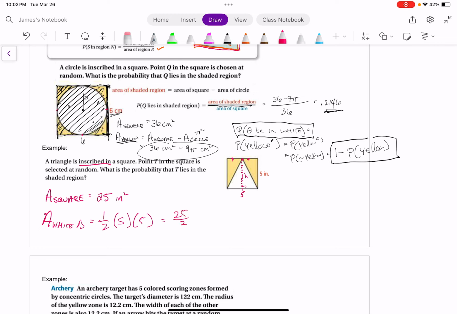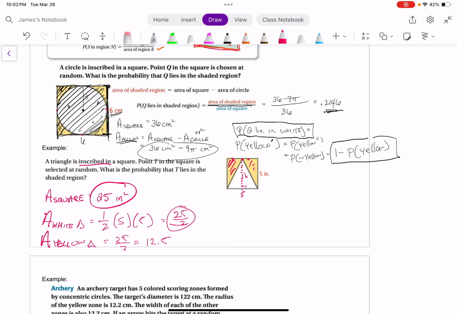So then what is the probability that we land in the shaded region here? There's a couple different ways you can approach this. Basically, the idea is, okay, so if the white triangle is 25 over 2 and the entire square is 25, then the area of the yellow triangle has got to also be 25 over 2, or that ends up being 12.5, if you want to think about it that way.